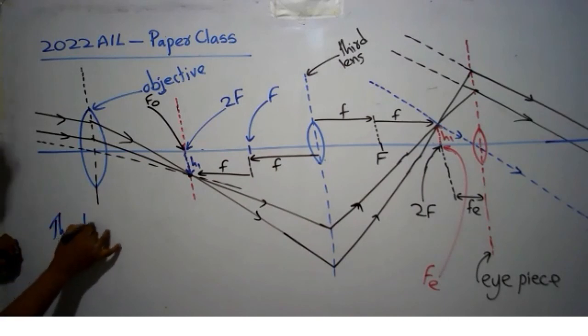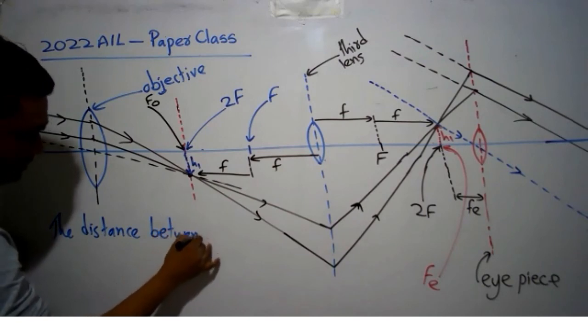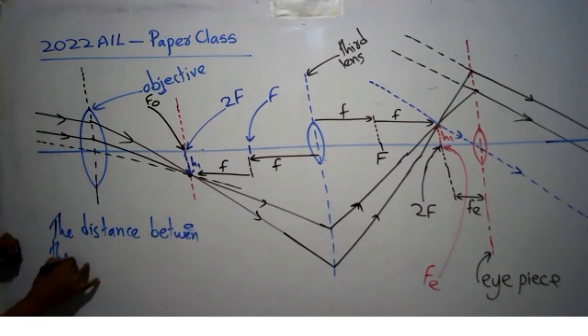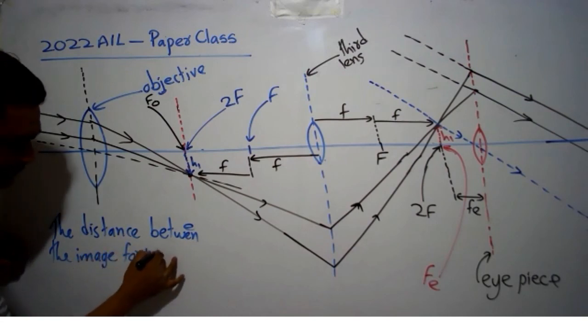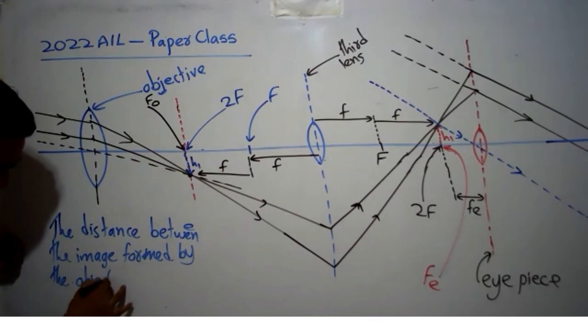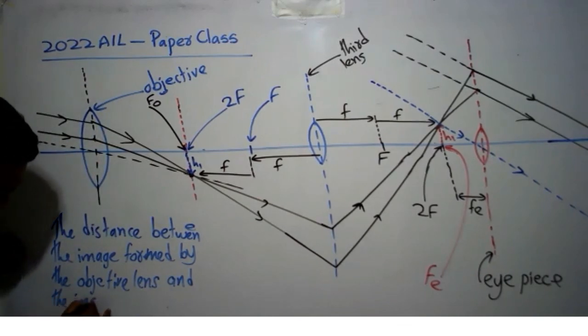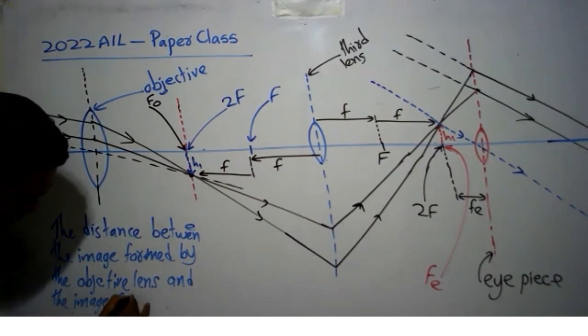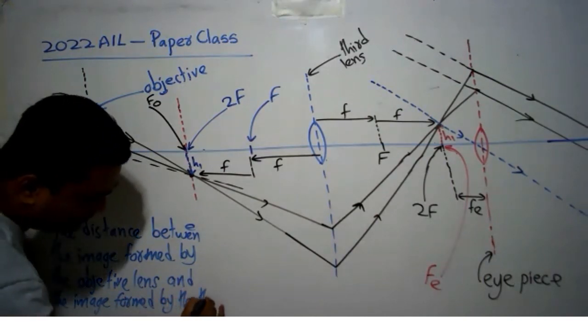The distance between the image formed by the objective lens and the image formed by the third lens.